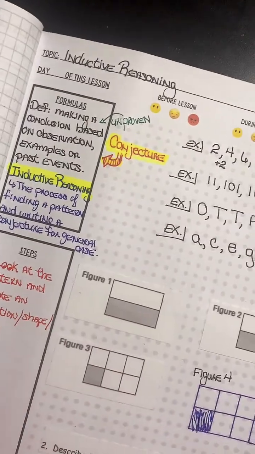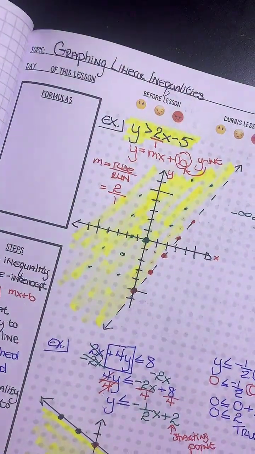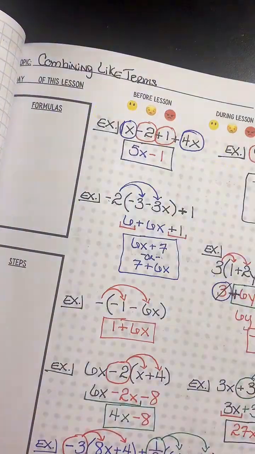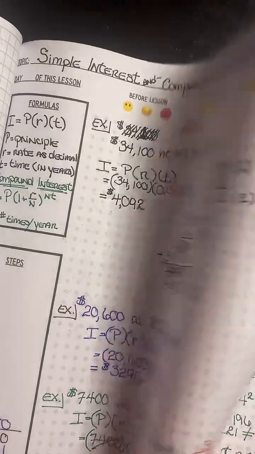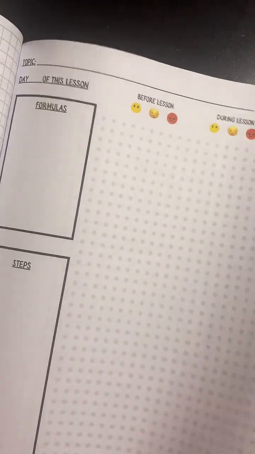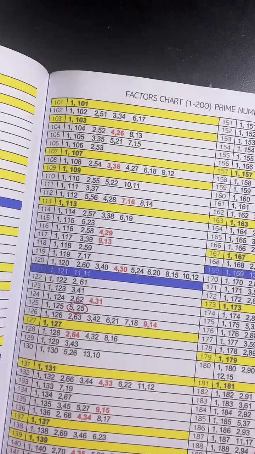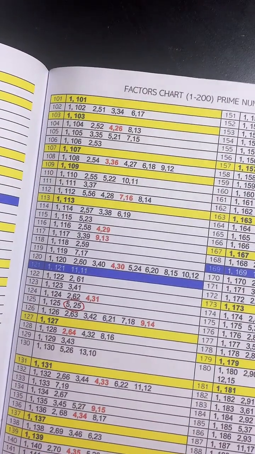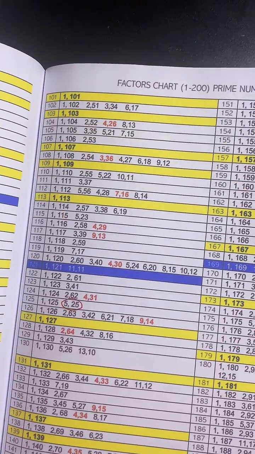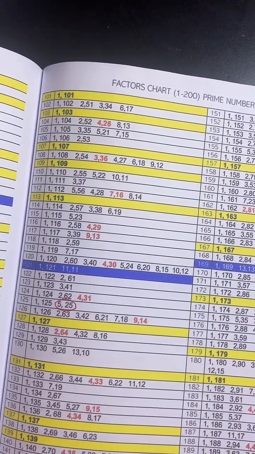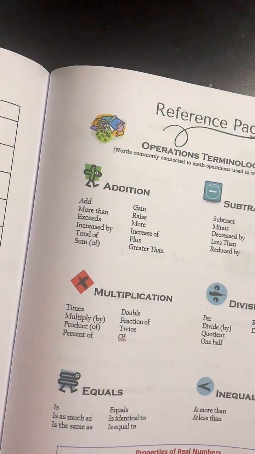It gives people a place to organize their notes, especially for students nowadays. This book is almost done. It also has resources in the back, like my factor sheets, which go from 1 to 200. If you were having problems factoring or breaking down radicals, that's the place to go.